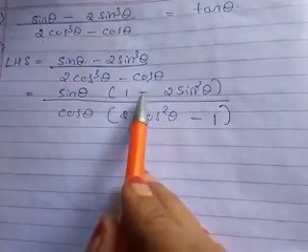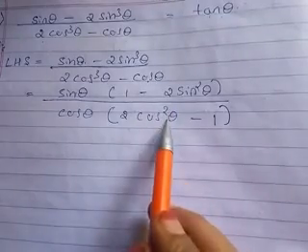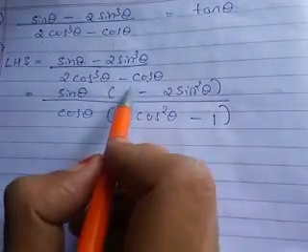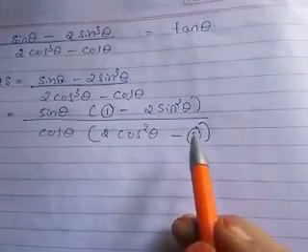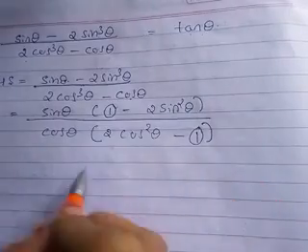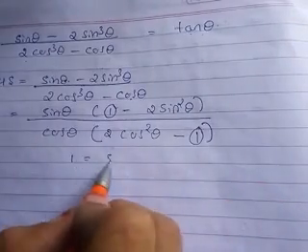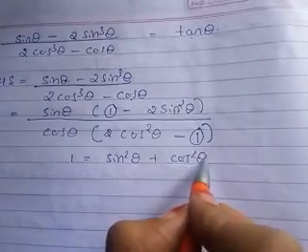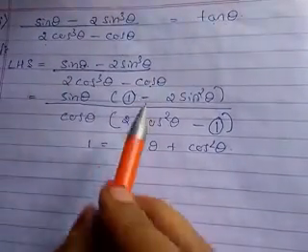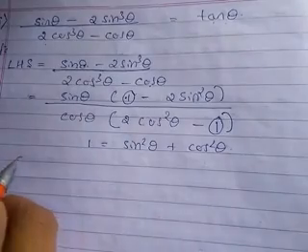Now try to cancel these two brackets. Now apply the identity: 1 is sin square theta plus cos square theta, since sin square theta plus cos square theta equal to 1. Substitute the value here.